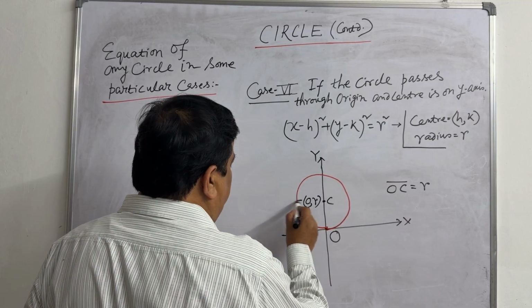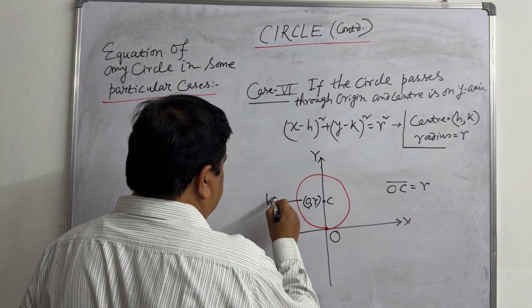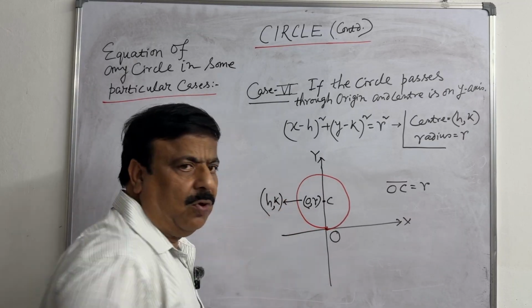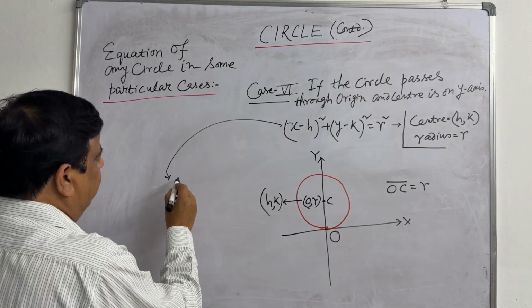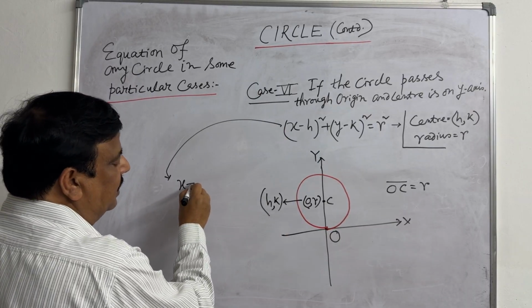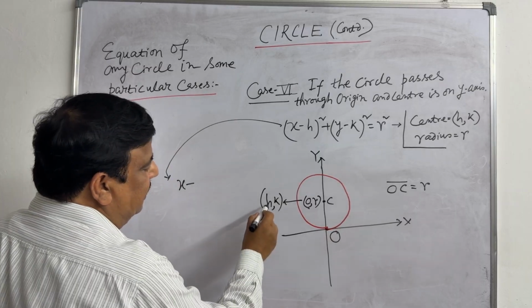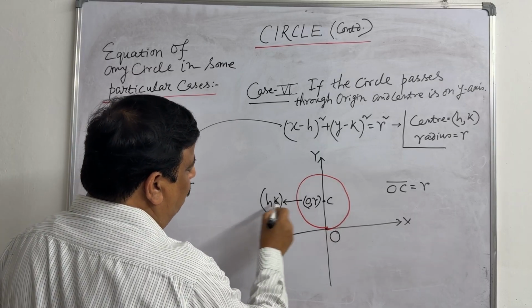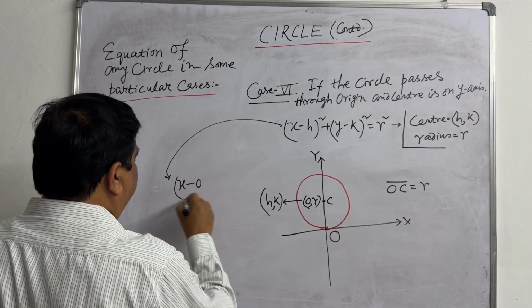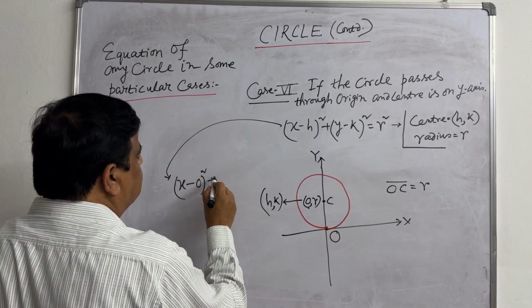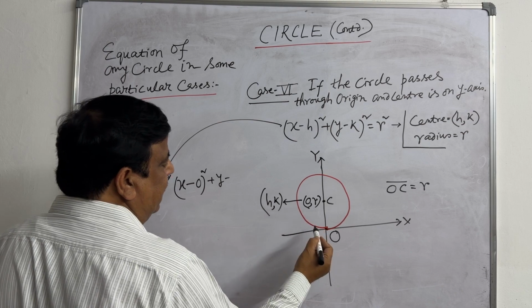And say this point is (h, k). So what will be the equation? This is (x minus h) whole square. If you compare these 2 points, h is equal to 0, so (x minus 0) whole square plus (y minus k).